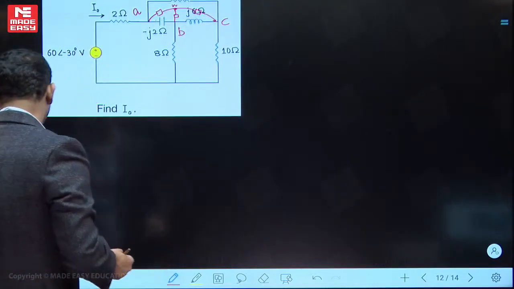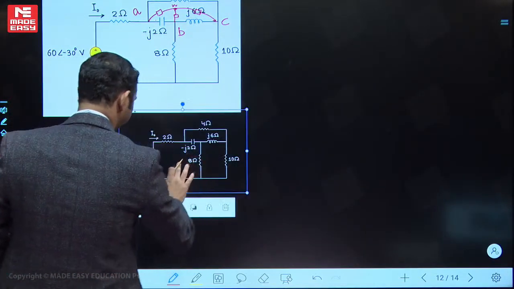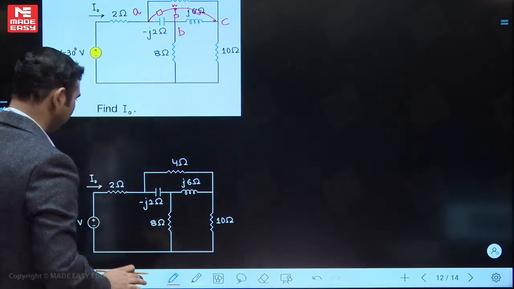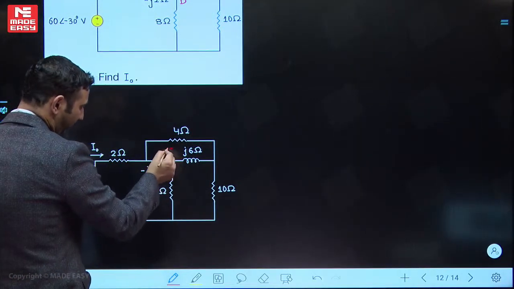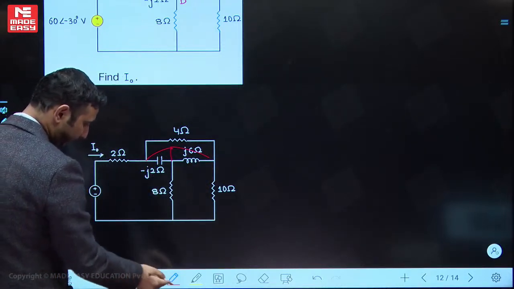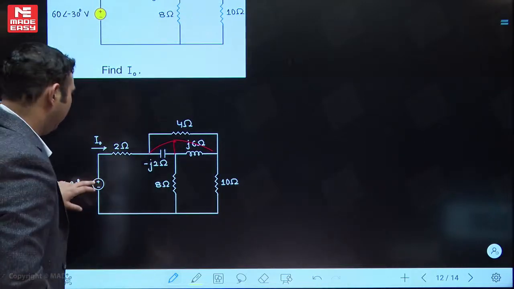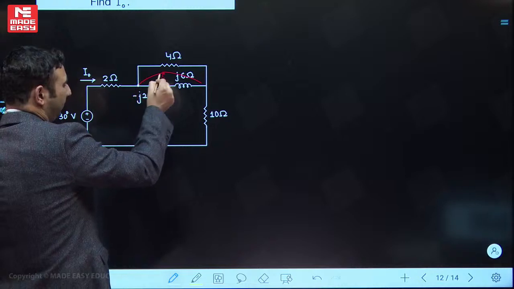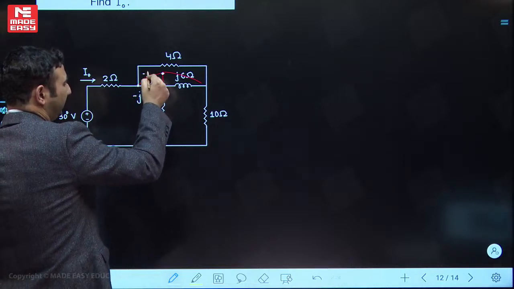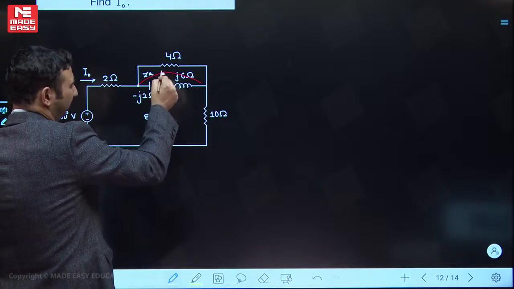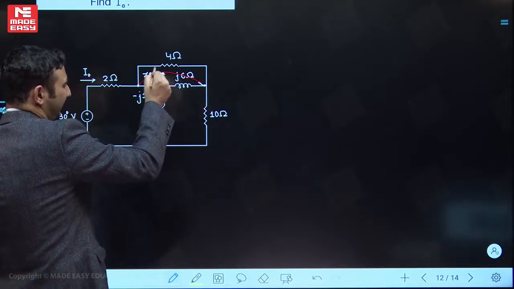So this is what I'll be having. From this point, and this point. So when I do that, from this point to neutral, I'll be having ZA, then this point to neutral ZB, this point to neutral ZC.